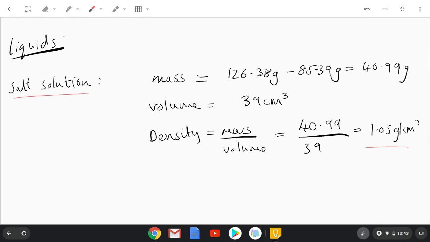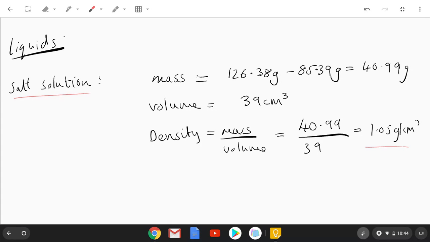So the salt solution weighed 40.99 grams. The volume of the salt solution in the measuring cylinder was 39 centimeters cubed, or 39 milliliters. To find the density, it's mass over volume, that's 40.99 divided by 39, and that is 1.05 grams per centimeter cubed.